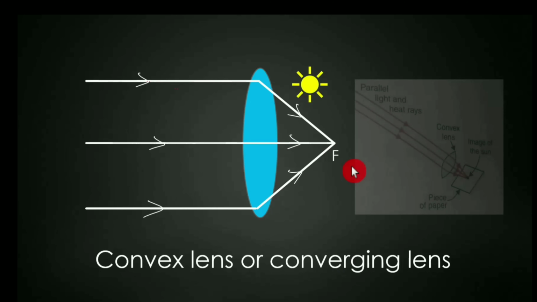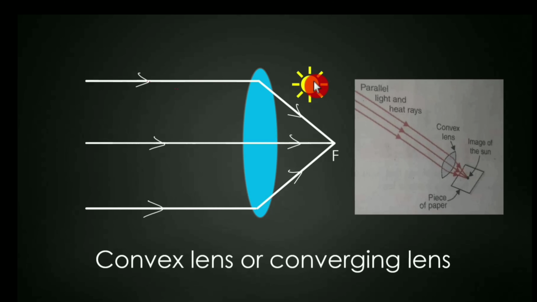For example, the sun is at infinity, so we get parallel rays and heat rays. The convex lens converges the light rays at the focus. If you put a piece of paper at the focus, the paper starts burning due to the converging of light rays. Simple. So a convex lens is a converging lens. It converges the light rays.